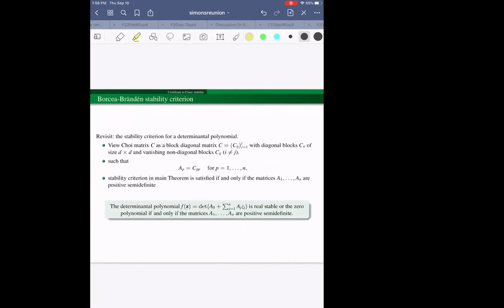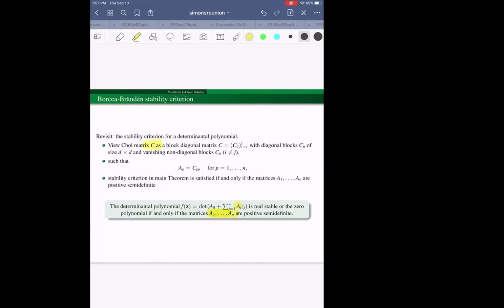Then we can see, as a special case, it gives us the well-known result which I mentioned before, the determinantal polynomial due to Borcea-Brändén. A determinantal polynomial is real stable if and only if the coefficient matrices associated with it are positive semi-definite, because we can view the Choi matrix as a block diagonal matrix whose off-diagonal blocks are zeros.